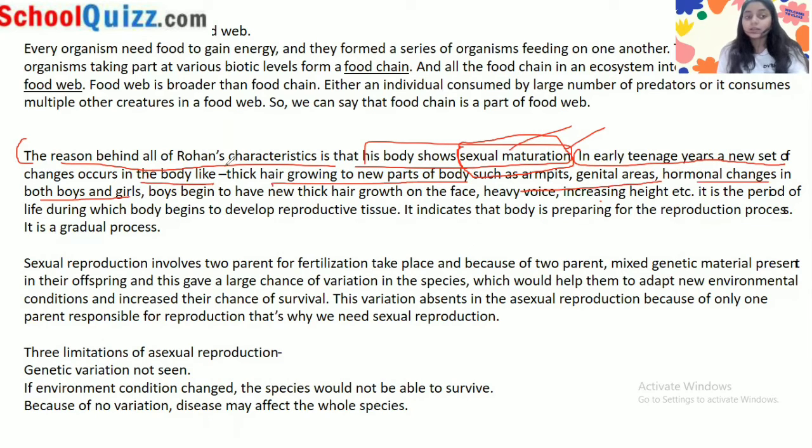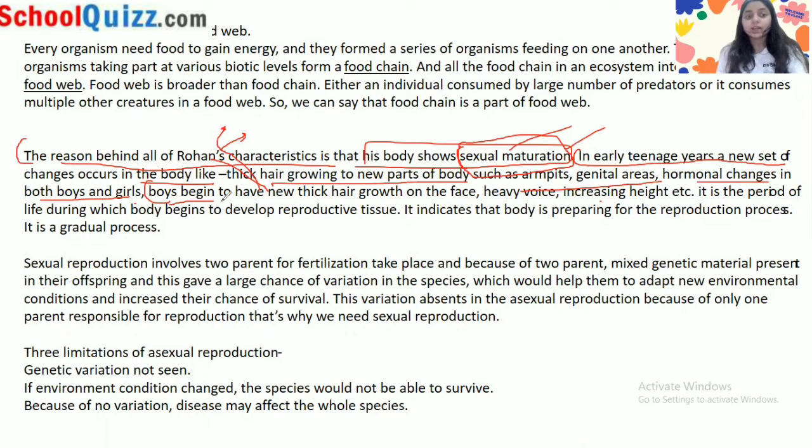So now you told them that there are certain sexual maturation characteristics present in both boys and girls. Now you have to tell them what special characteristics boys begin to have in the teenage years. That's how you can relate it to Rohan, because Rohan is a boy. If there is a girl in the question, you have to tell them the girl's special characteristics and relate them to the question. Okay, so now we will tell them the boys' special characteristics.